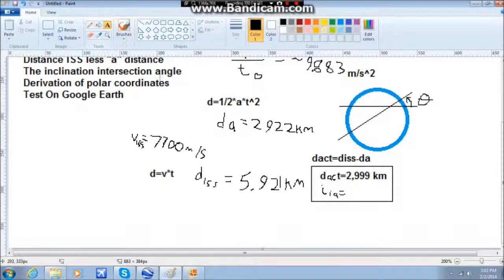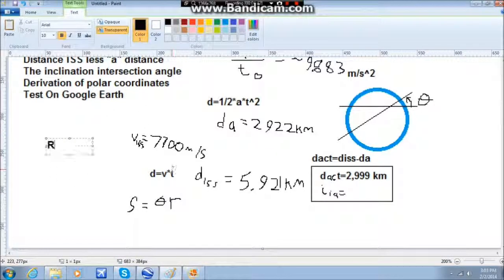And so I basically derive this from the arc length formula, which states that the arc length S of a sphere, or a circle, is defined as the angle in radians times the radius of the sphere or circle, in which case it is the radius of the Earth, which is equal to 6,371 kilometers.